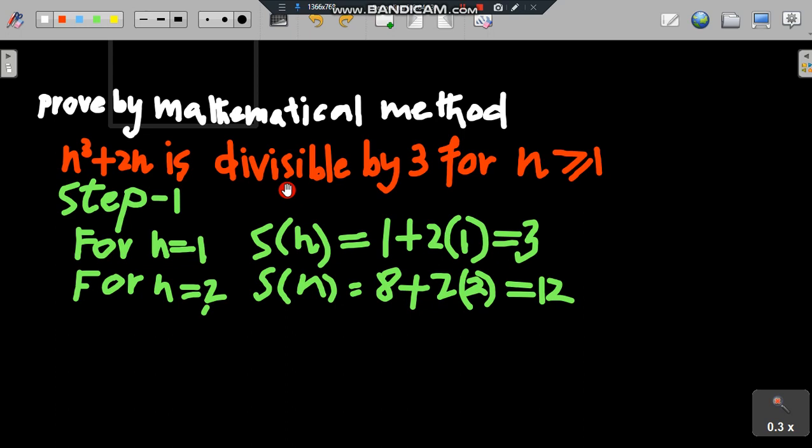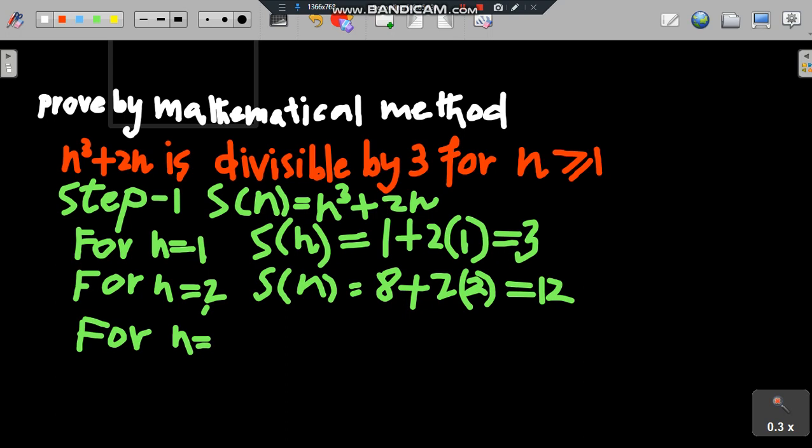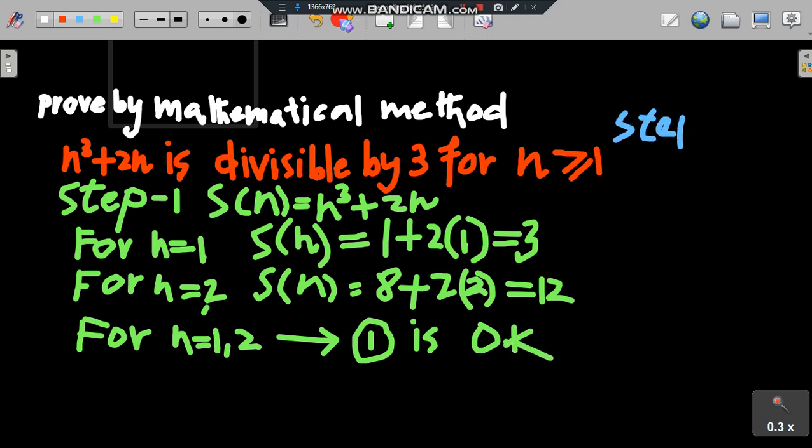So that is the first step that I have proved. Now what I assume is that for n equal to 1 and 2 the fact, equation number 1, is true.